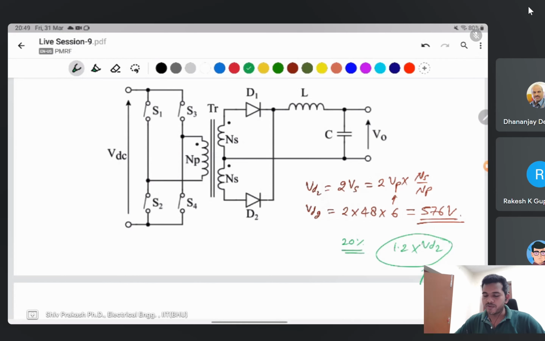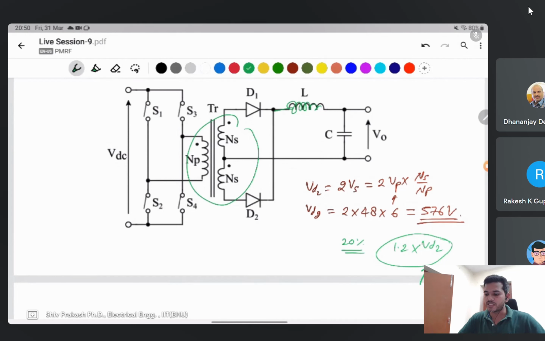So this one is a theoretical problem, but in practice it is different. That's why you take 50% or more over the rated peak inverse value, because some spikes occur when inductors are present in the circuit, like an LC circuit, a dynamic circuit.